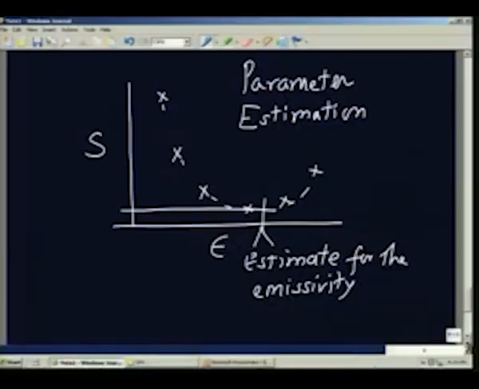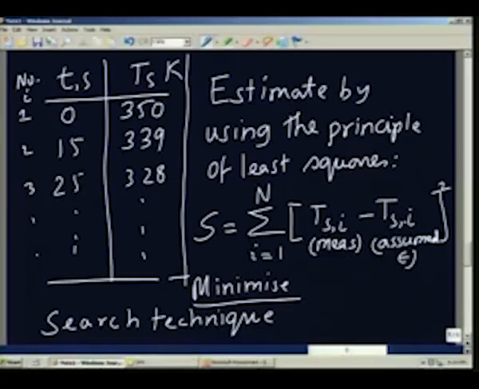Because in the previous slide, what we have done is nothing but the error between the measured and the assumed value, obtained with an assumed value of epsilon. The difference between these two can be looked upon as an error, because if the value of epsilon is the correct value, I should get the smallest error, because then these two should be closest to each other.